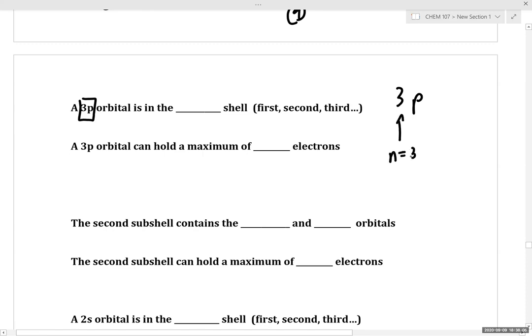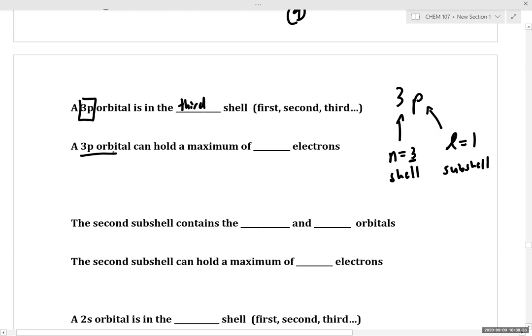This says n equals 3, which describes our shell. The p orbital tells us our L value, and p is L equals 1. That tells us our subshell. So to answer the first question, a 3p orbital is in the third shell because n equals 3.